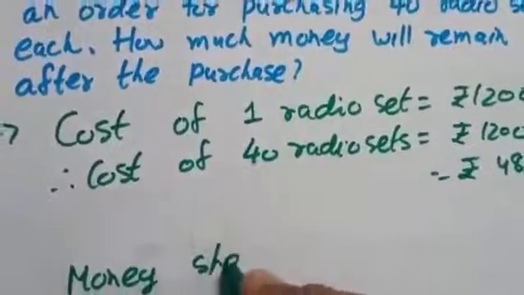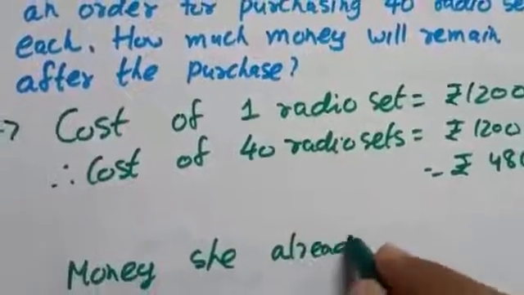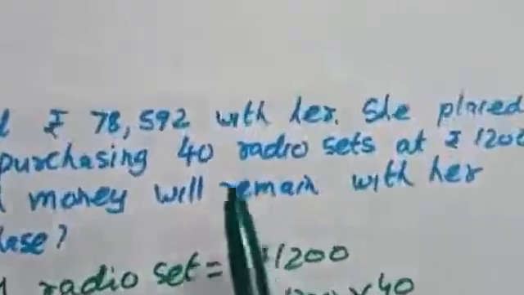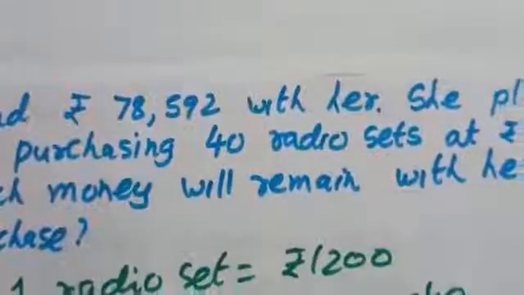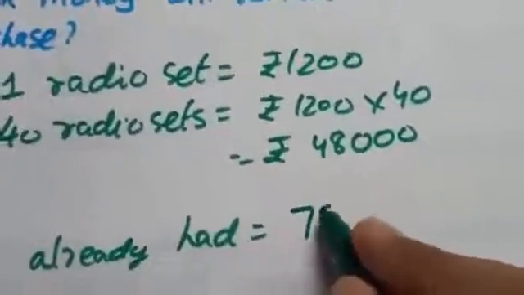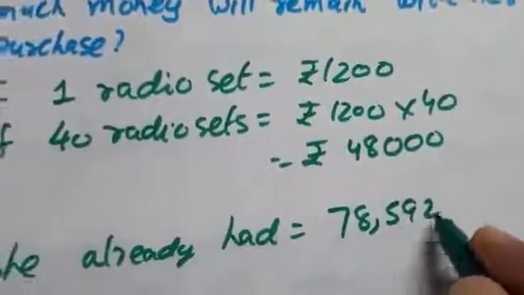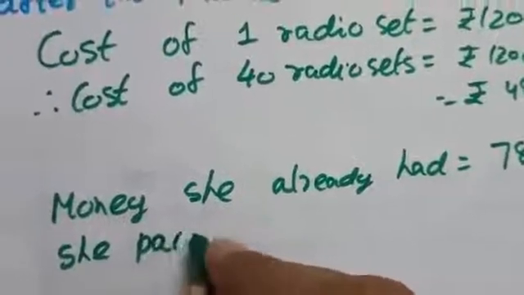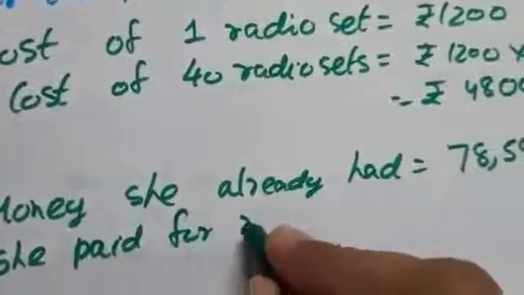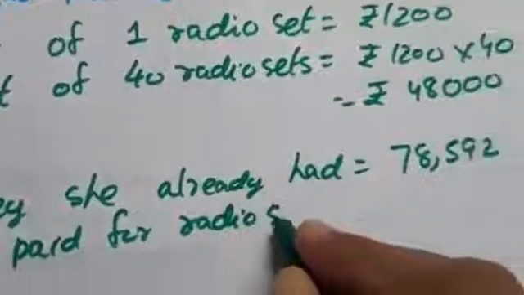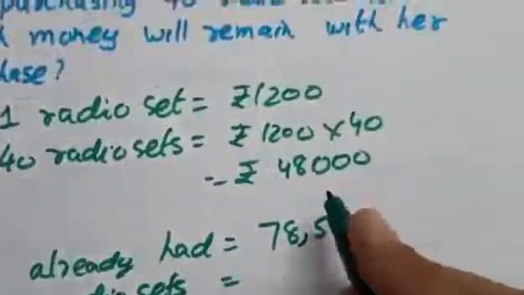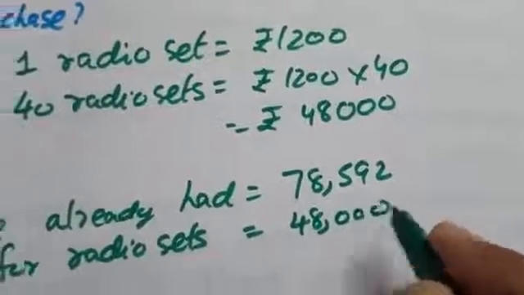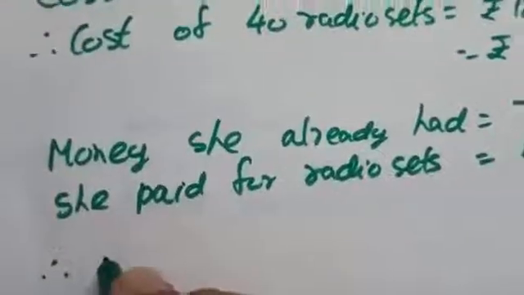Money she already had, that is rupees 78,592. She paid for radio sets 48,000.